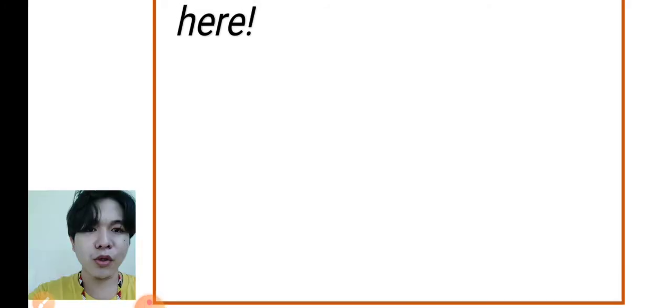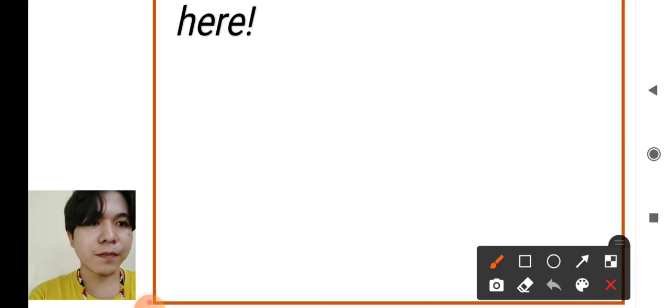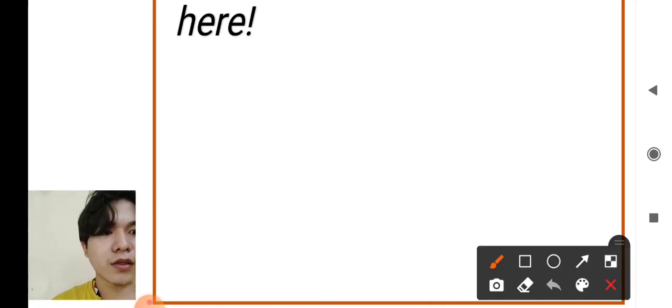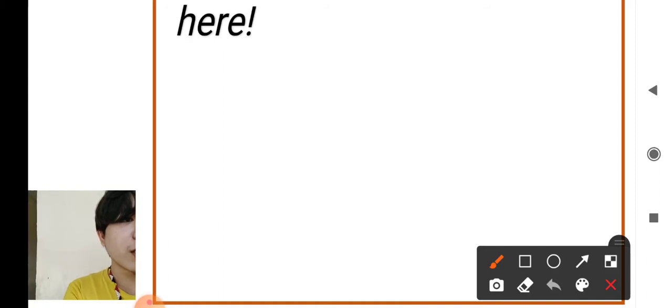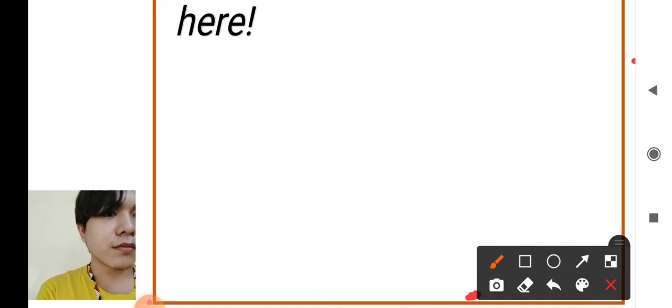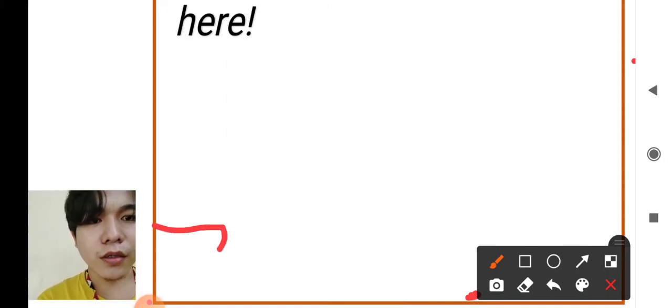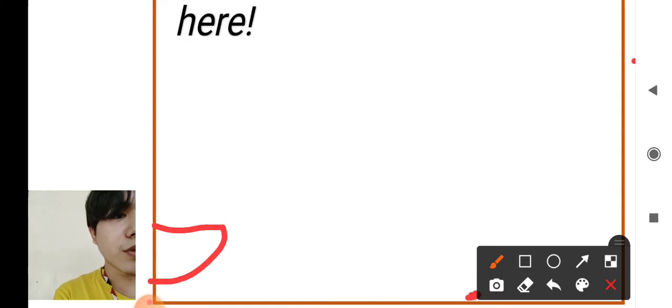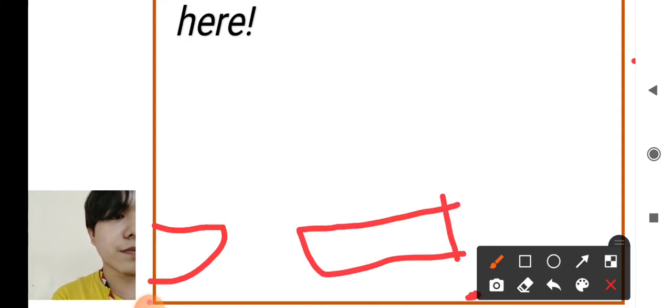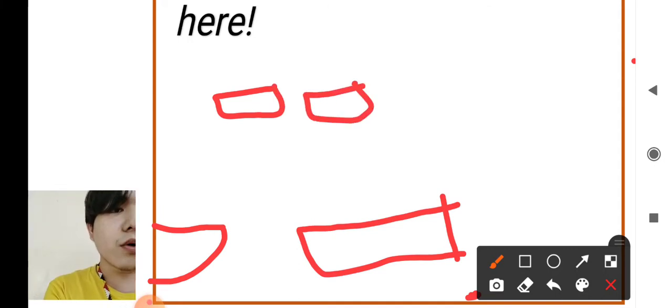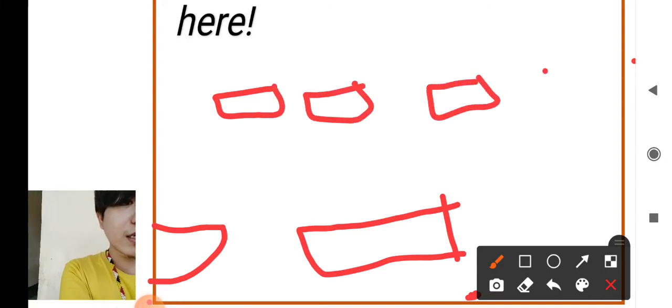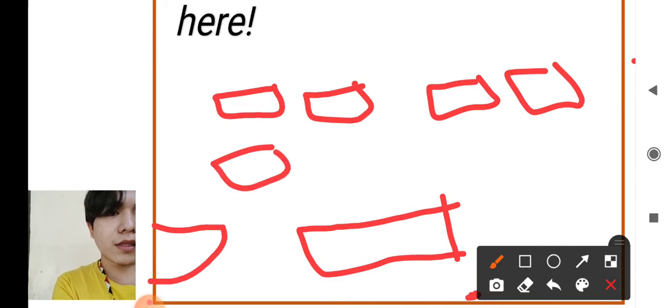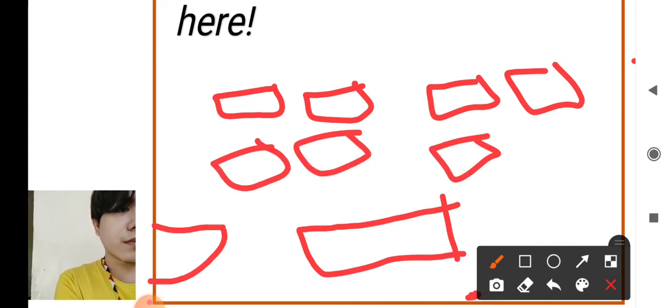So of course, you will draw here. For example, here is where you want your door. Here is your table. Then here are the chairs of the students. And of course, don't forget to write the labels.